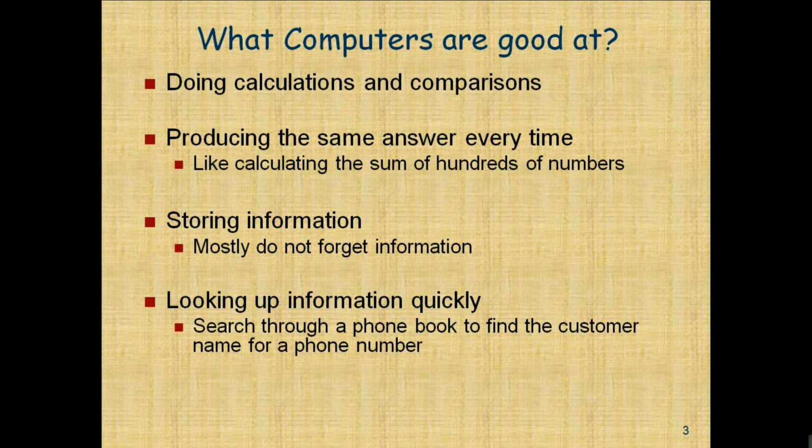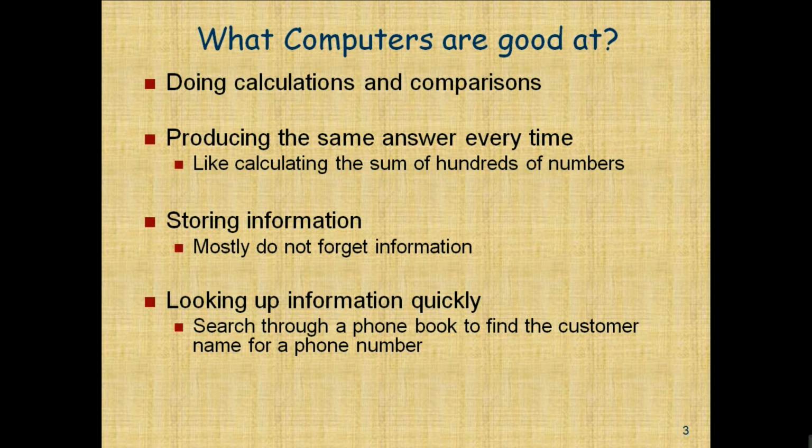Next one is producing the same answer every time, like calculating the sum of hundreds of numbers. We can do this using a computer. Next one is storing information. If you have movies, you can store them in the computer. If you want to download a movie, you can download it from the internet to the computer, and you can store a lot of content on the computer.